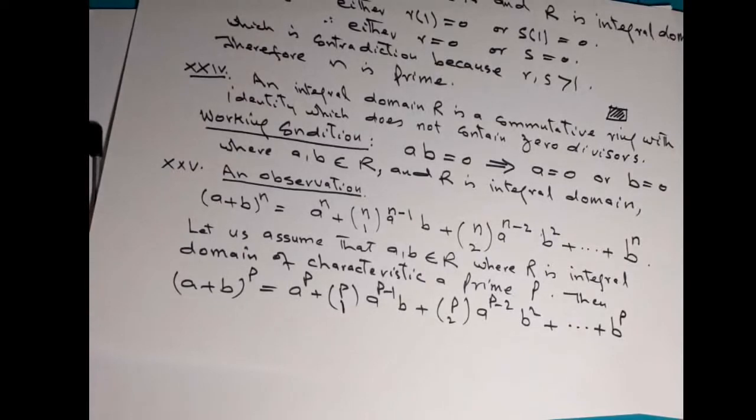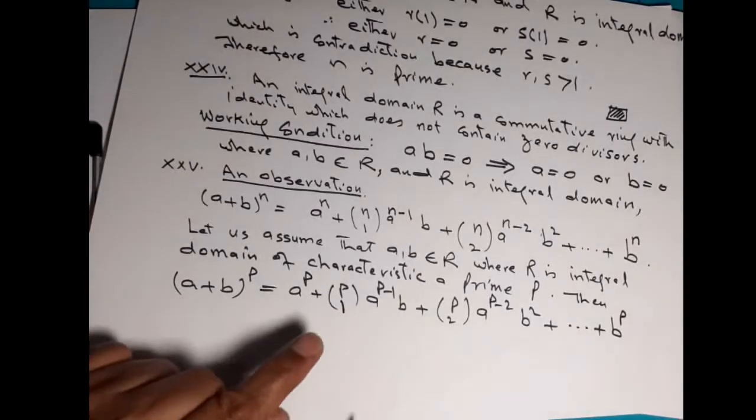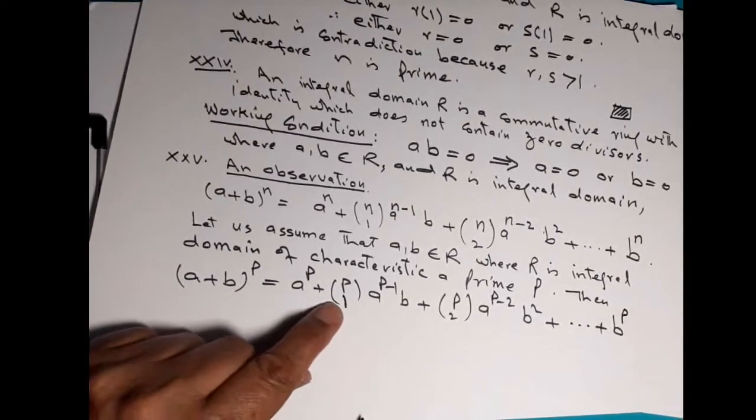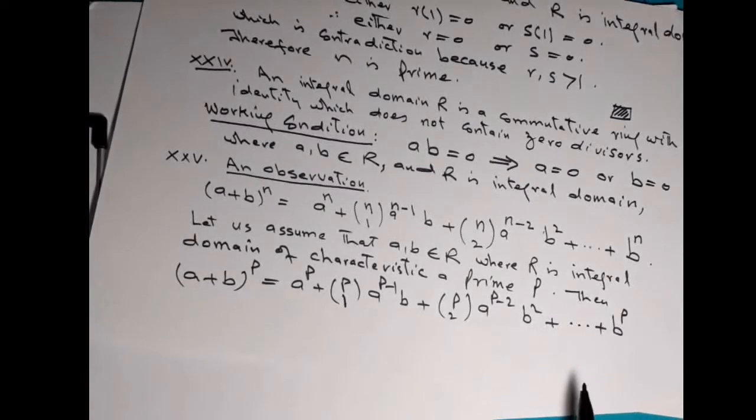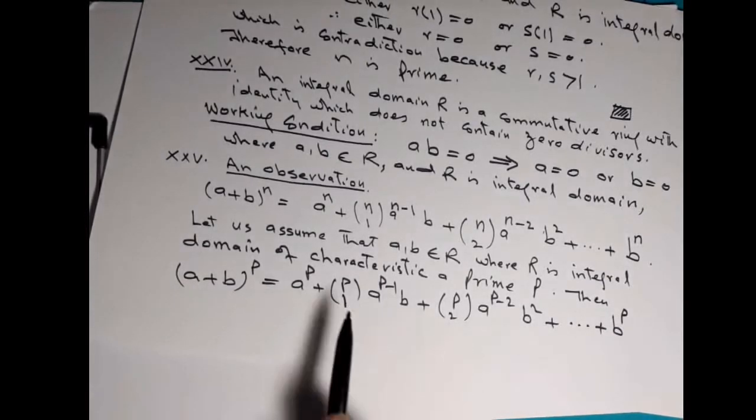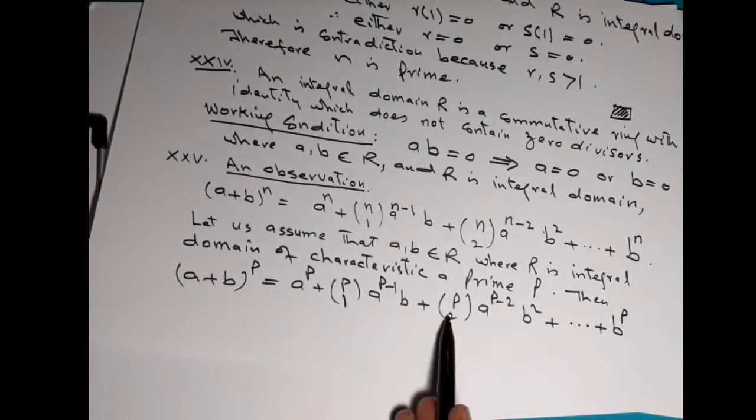What point I want to make is that p is a factor of pC1, p is a factor of pC2, and so on. This prime p is a factor of each one of these terms before b raised to power p.